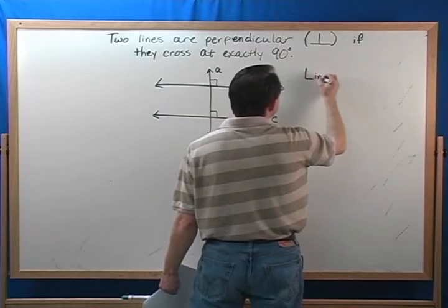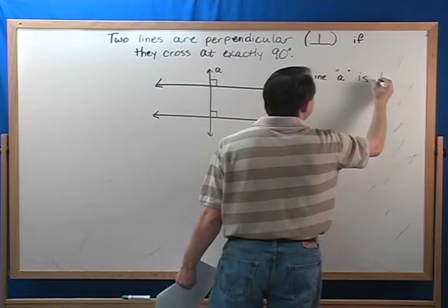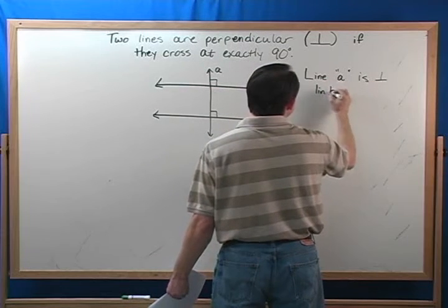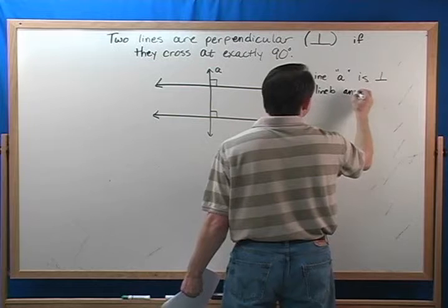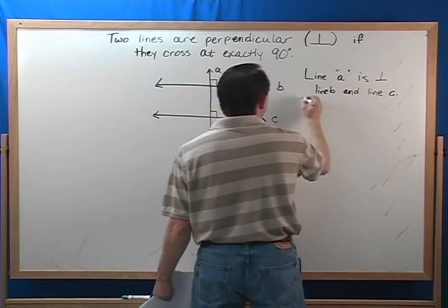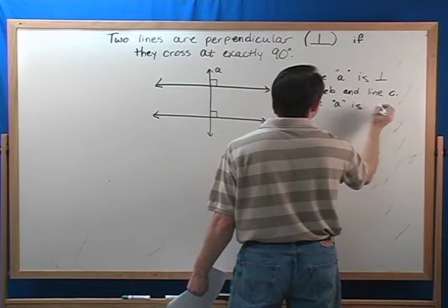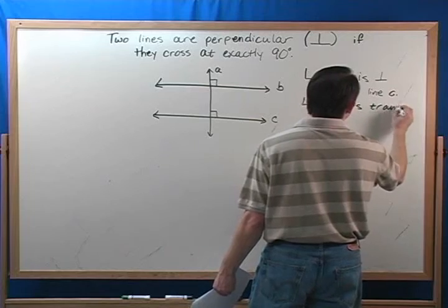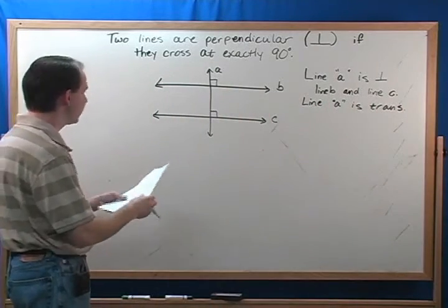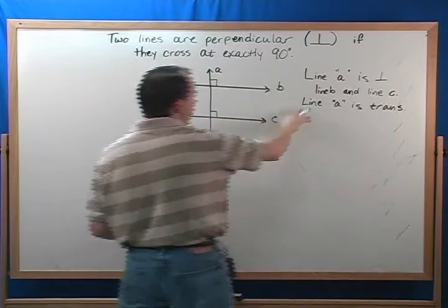You would say line A is perpendicular to line B and line C. And you would also say line A is transversal. And you can abbreviate that trans, or you can write it out transversal. So there's two different things that apply here. A is perpendicular to B, A is perpendicular to C, and A is also transversal.